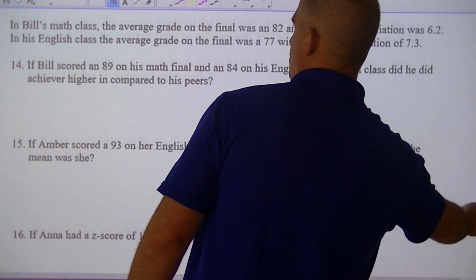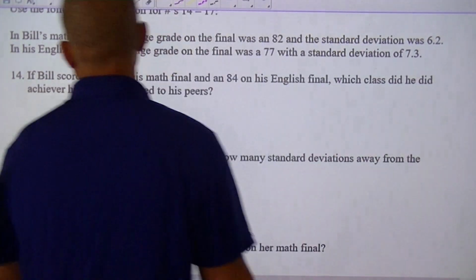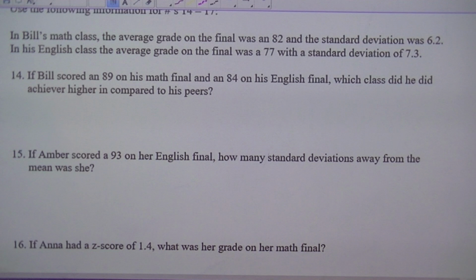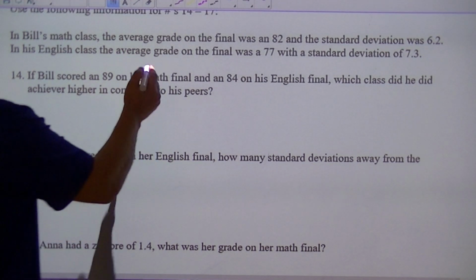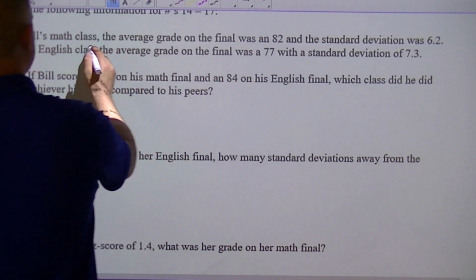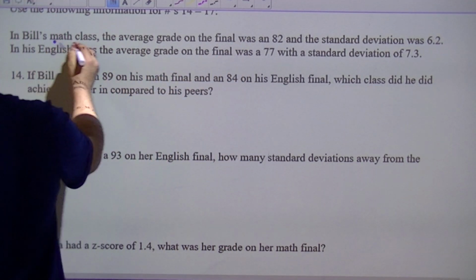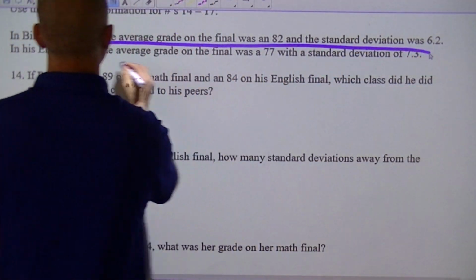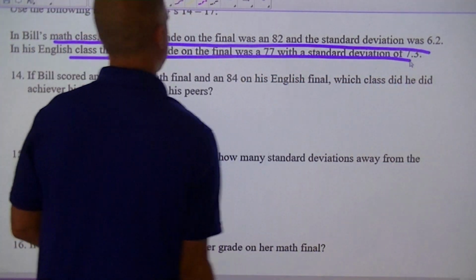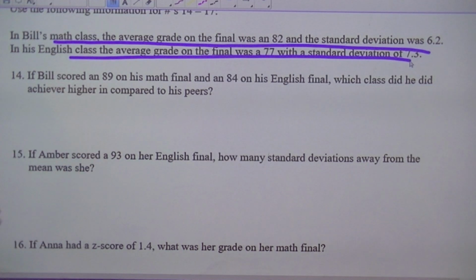These next ones are the z-score formula ones. So the thing you have to understand is that for math, this is like a group, and this is like a group. So two groups.